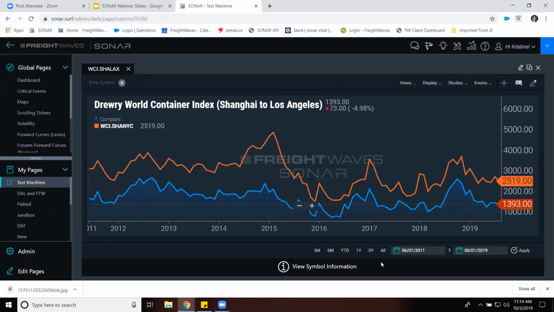So you actually see what we would call the Panama spread, the difference between Shanghai to Los Angeles and Shanghai to New York, was the largest in recorded history. That spread got to the widest it's ever been. So you can really get an idea of what's happening, East Coast versus West Coast volumes. We're seeing a very similar thing happen here, where East Coast is accelerating a bit past West Coast.